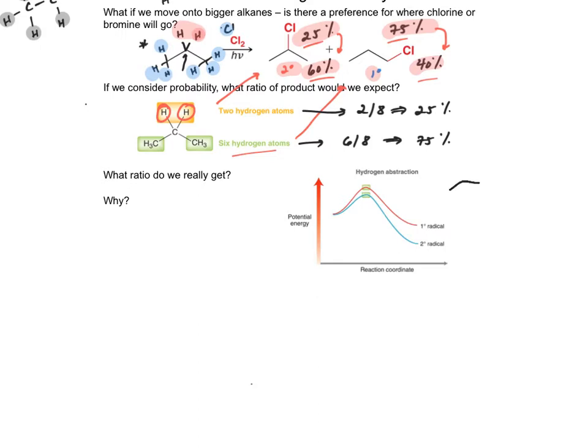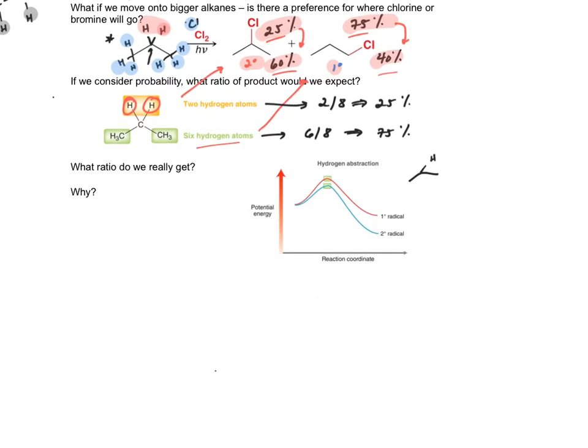So if we have our propane, and we have our hydrogen in the interior, and our chlorine comes in, that first step is hydrogen abstraction, and the product of that is going to be a secondary radical. Whereas if instead that exterior hydrogen had been abstracted in that first step, the product would have been a primary radical, right?